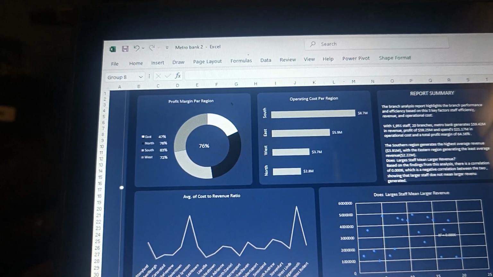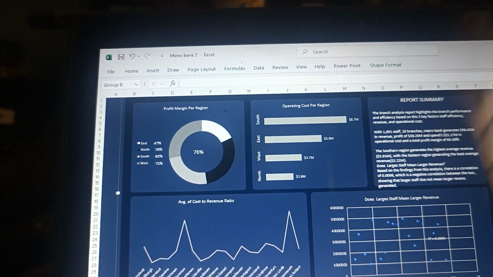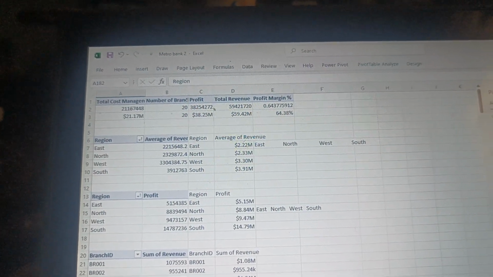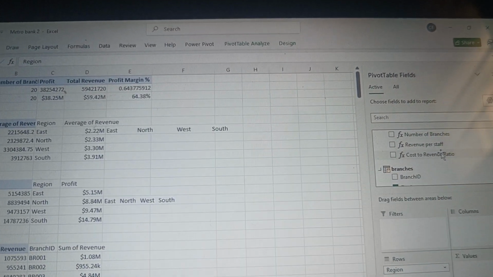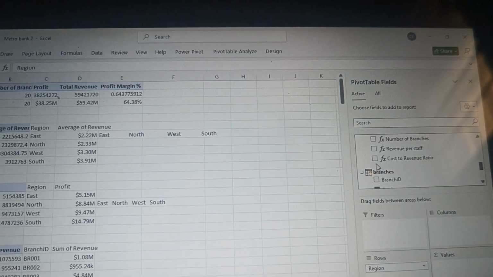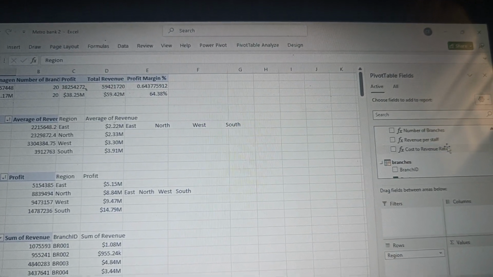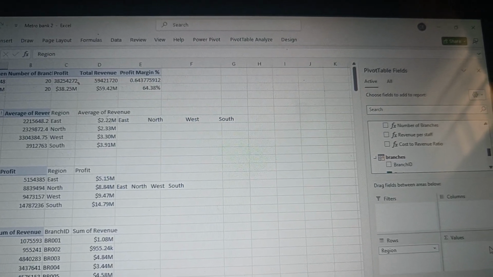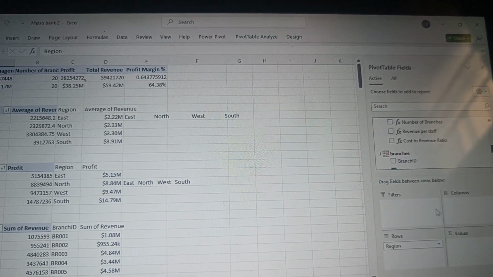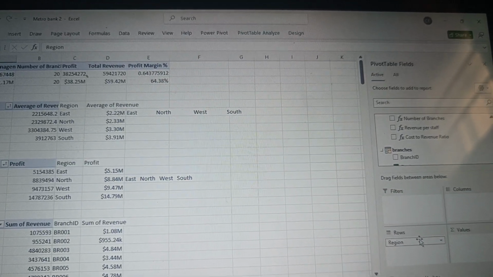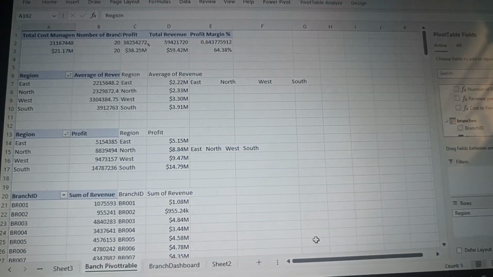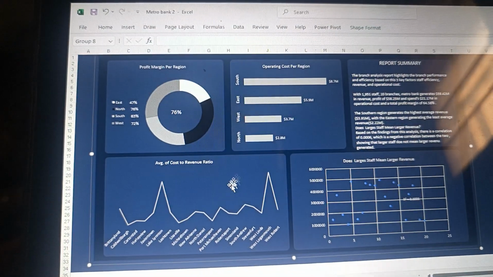If you remember correctly, we calculated this cost to revenue ratio using DAX, and that's where I calculated it. I put it in values, changed it to average, then used city from branches in rows. That's basically what I did to get this.